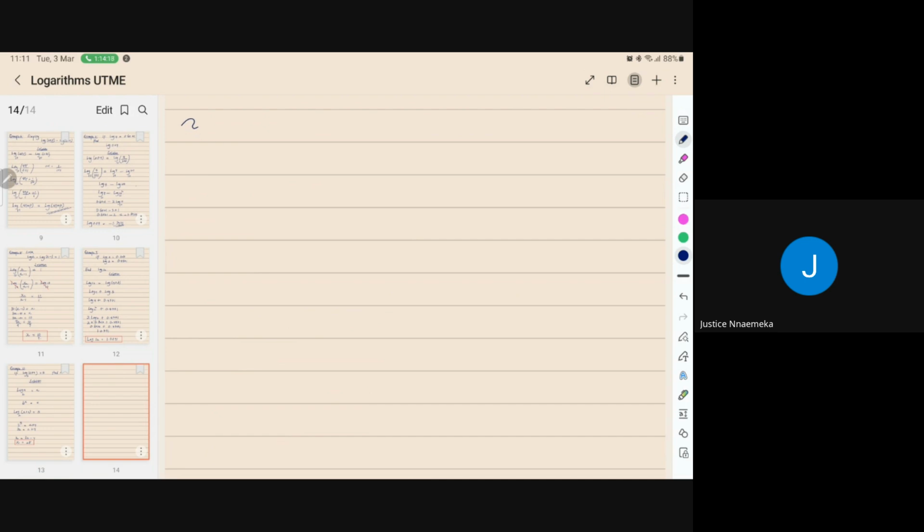So they said we should evaluate, let me call it example number 11, log base root 2 of log 4 base 2 plus log 1 over 2 base 16 minus log 4 base 32. Did you see what happened right there?